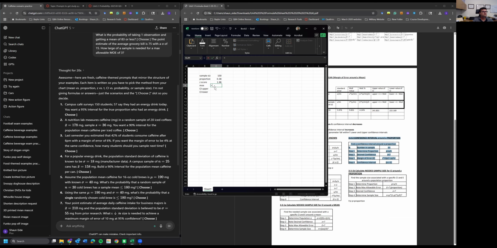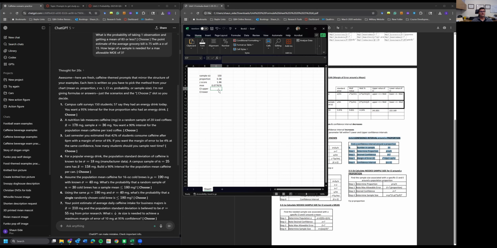So equals z multiplied by the square root of the proportion, multiplied by 1 minus the proportion, divided by the sample size. And that gives me my margin of error value, which is also in percentage form because we're dealing with percentages.